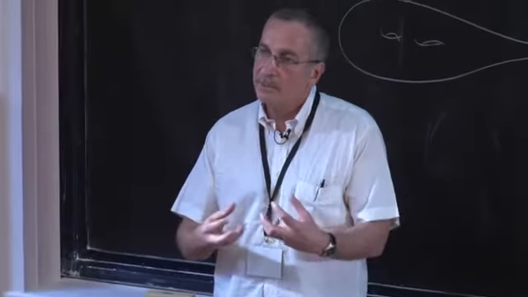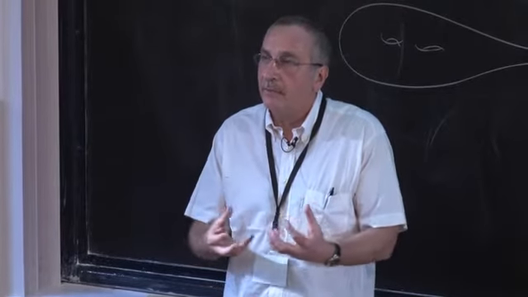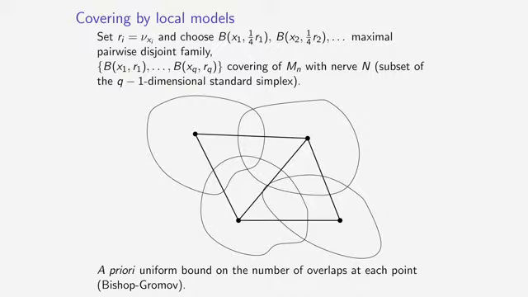So these balls, when they intersect, have similar radii, and so you cannot pack a lot in a small area. One has to check this, it's pretty easy, but that gives really a uniform bound on the number of overlaps that you can get. So a bound on the dimension of this nerve, uniform, independent of n, and that's very important.